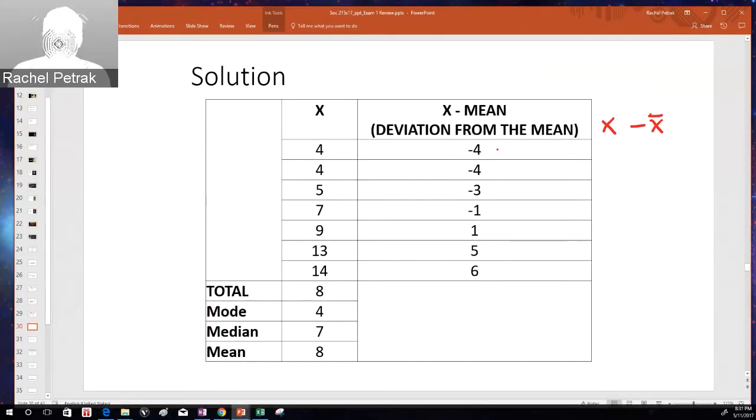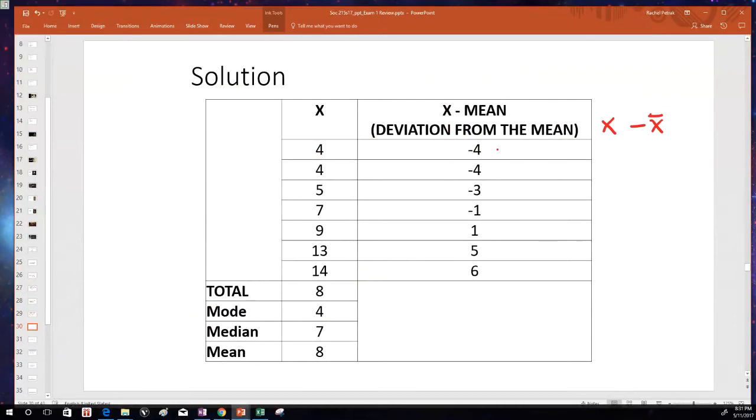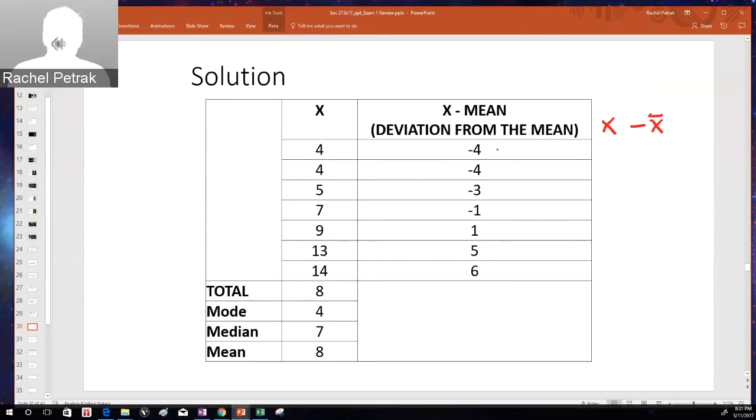Actually, this one is true, because deviations from the mean always sum to 0. It's just another mathematical fact that we don't have too much time to unpack, but that you should be aware of because it factors into the way we consider error later.